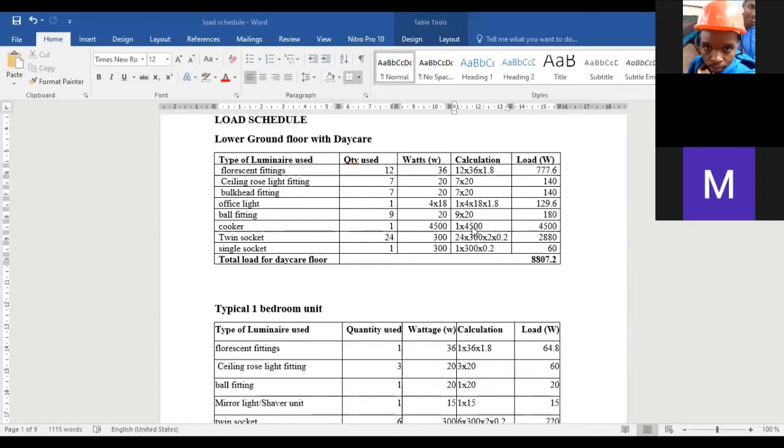Now we want to size the circuit breaker and even the cable that will supply this consumer unit. And that's where the BS 7671 comes in. I hope you are writing right now.